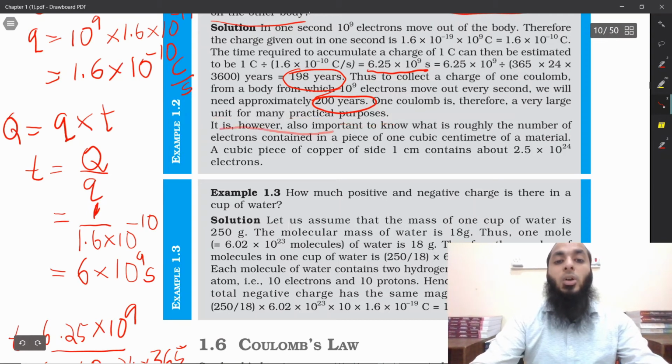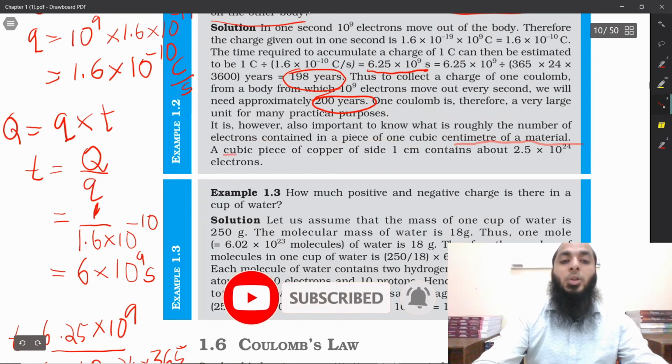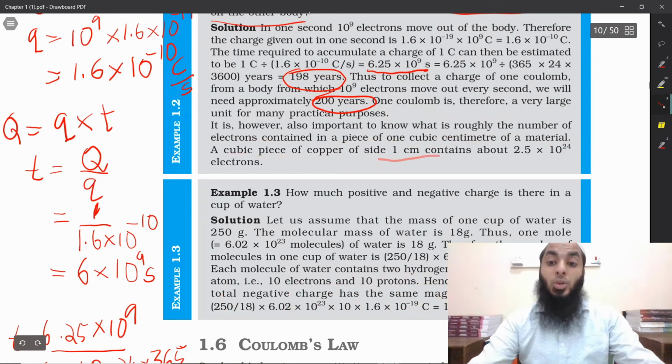It is, however, also important to know roughly the number of electrons contained in a piece of material of 1 cubic centimeter. A cubic piece of copper of side 1 centimeter contains around 2.5 into 10 raised to 24 electrons.